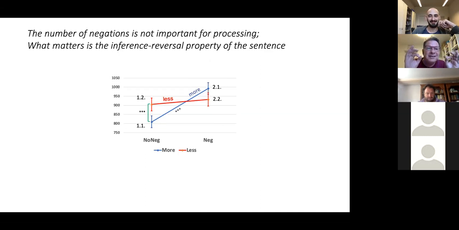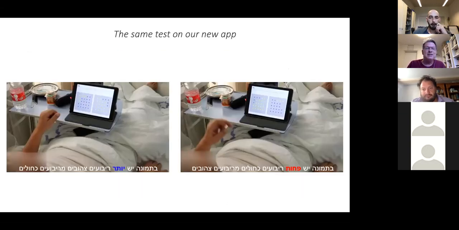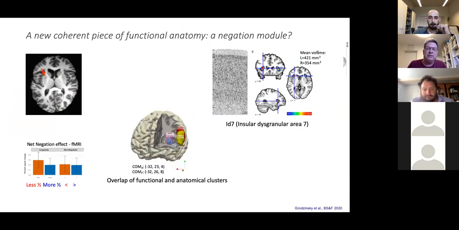Right, because a sentence with more has one piece that's upward monotone, the other one is downward monotone, whereas the sentence with less is the opposite. So if all you do is accumulate monotonicities, they're exactly the same. So there are actually structured contradictions in the data.